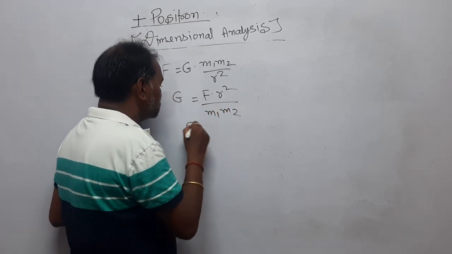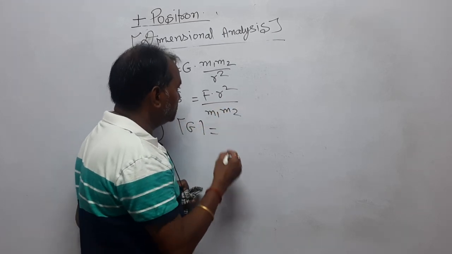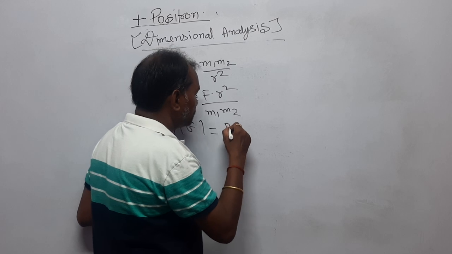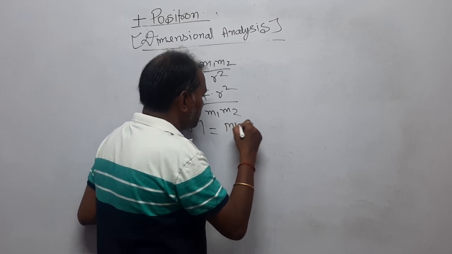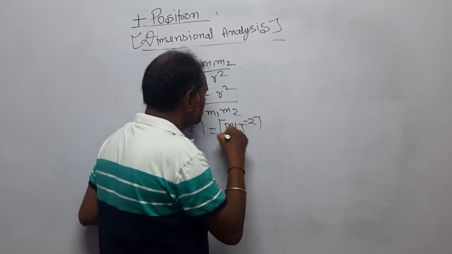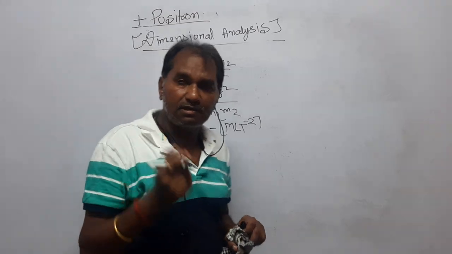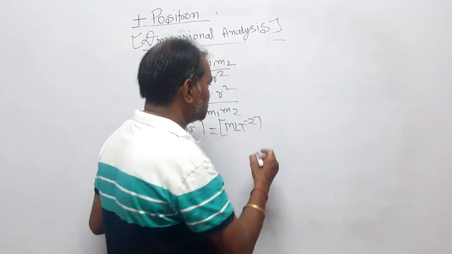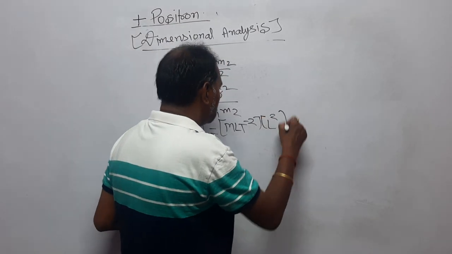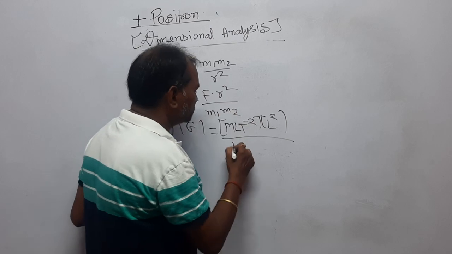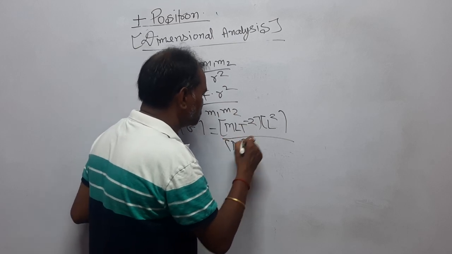Now dear student, the dimension of G works out to be: the dimension of force is MLT^-2, r has a dimension L, so r square has the dimension L^2, divided by m1 m2. Both are masses, so it is M^2.